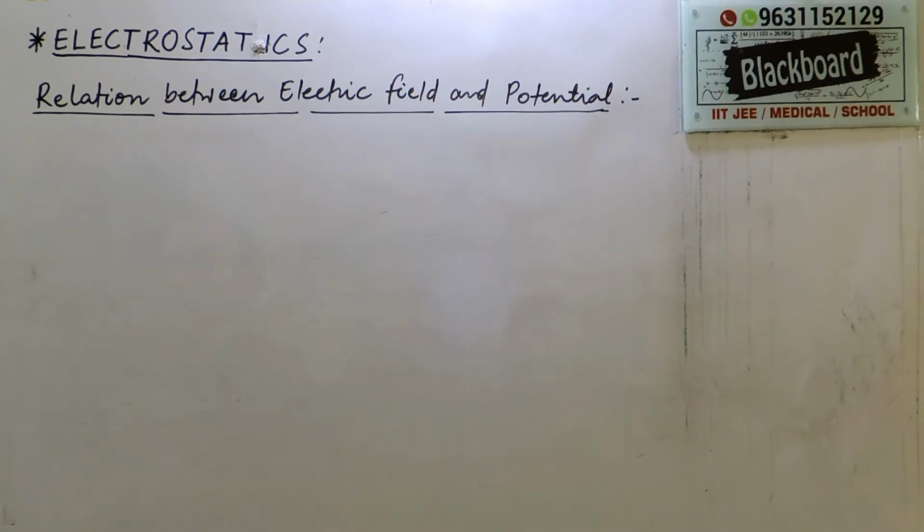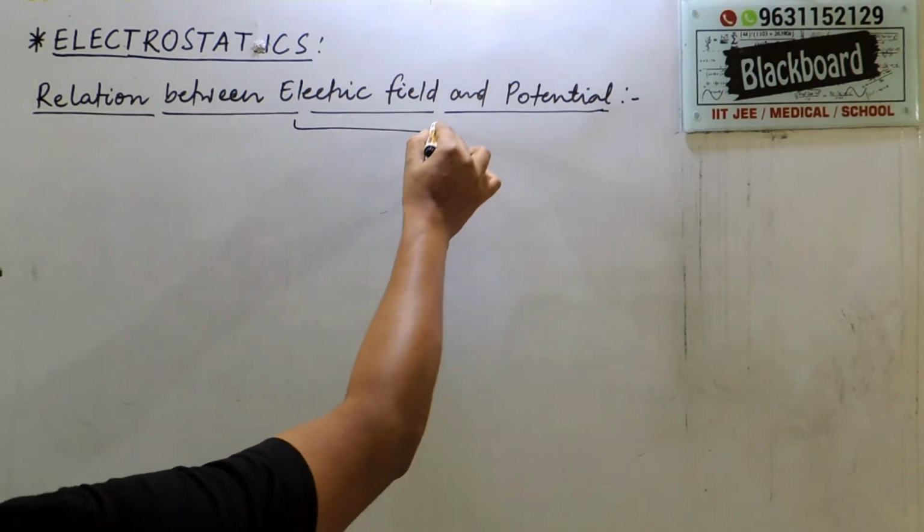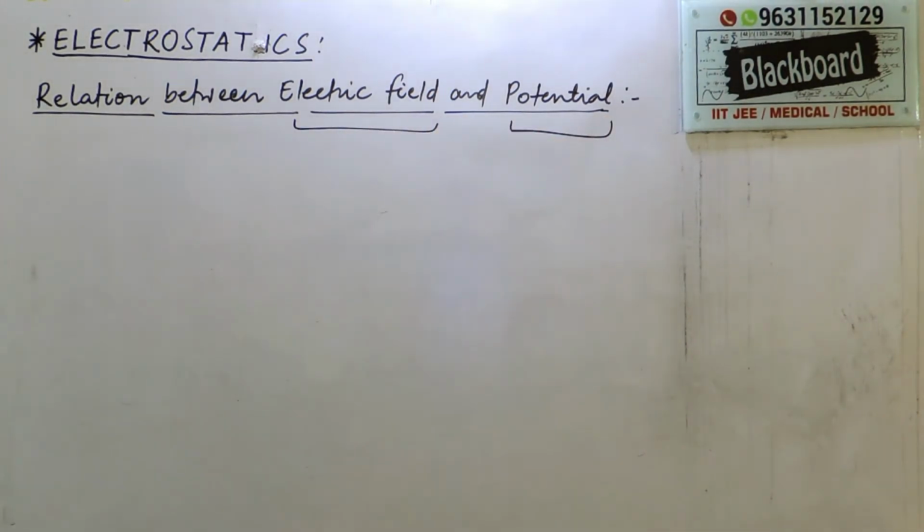Now the relation between electric field and potential. Here electric field is a vector quantity and potential is a scalar quantity.